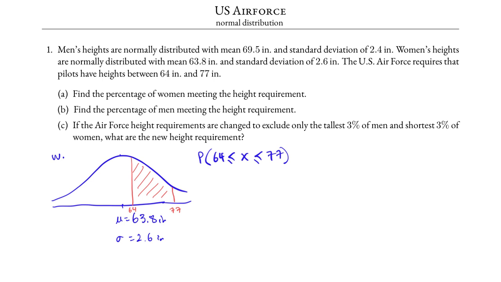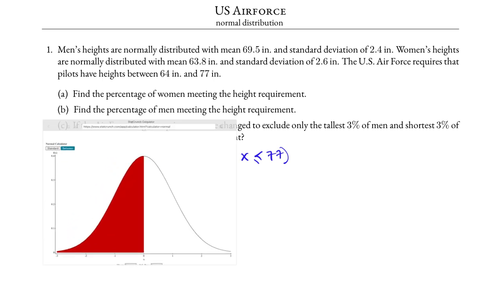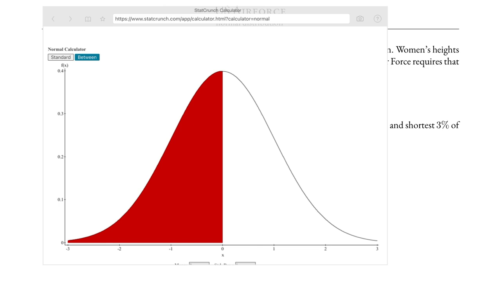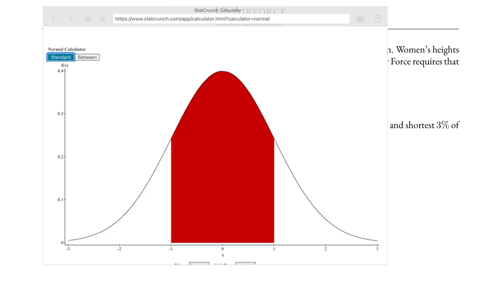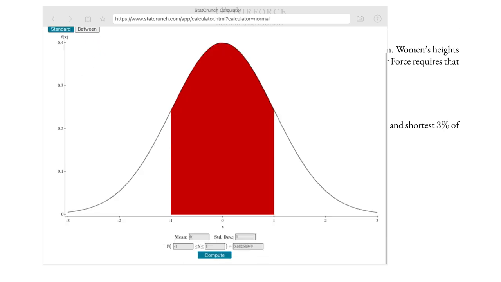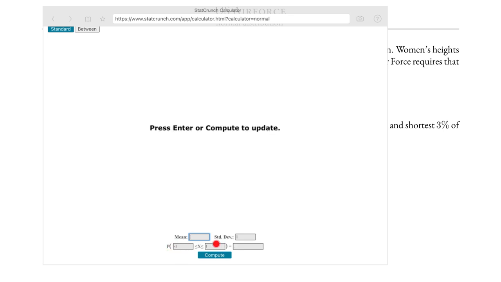To compute this probability, we would use the normal calculator with StatCrunch. With StatCrunch, there are two values that we are interested in the probability, 64 and 77. So we would have to choose the between feature, which is in the upper left corner. Once we choose between, there should be two boxes where x is between.